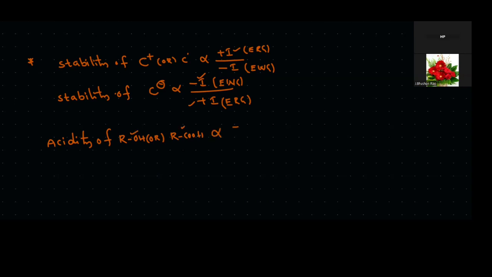It is directly related, increasing the acidic strength. What about plus I? It decreases the acidic strength. Now I am writing here: this increases acidic strength, and this decreases acidic strength.